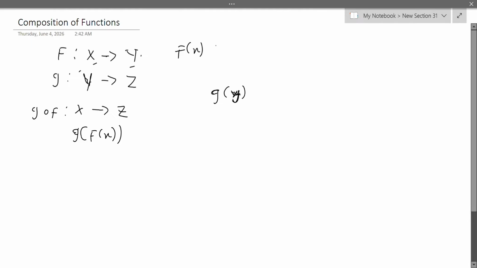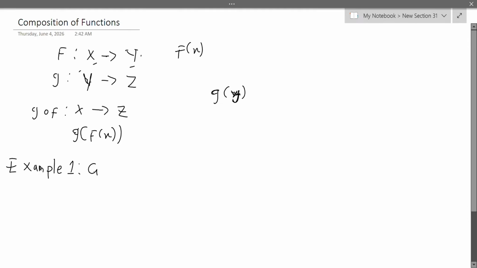So that is just what composition is all about. So let's look at an example. Don't worry if you don't understand what I'm saying. If you look at an example, you will understand.